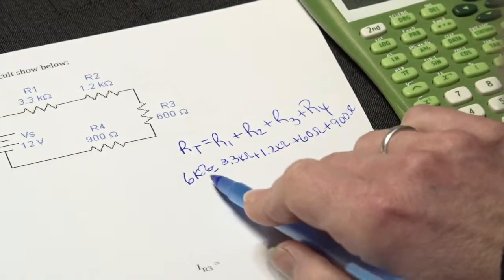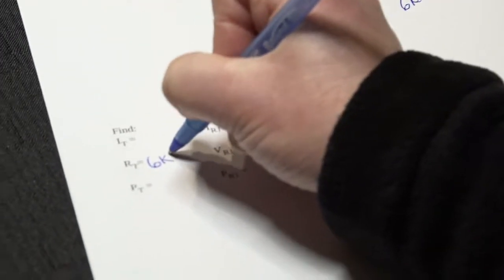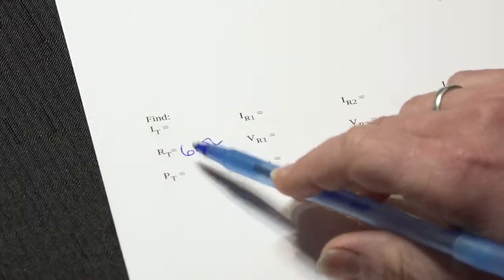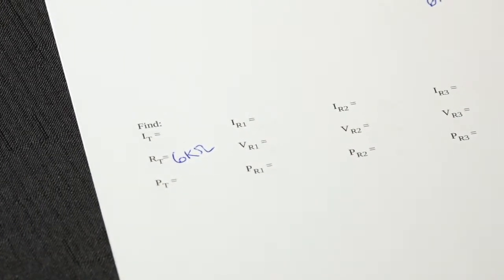And I'm going to go ahead and take this information right here and write it right down here because we have found it and we can put it right there in our table.